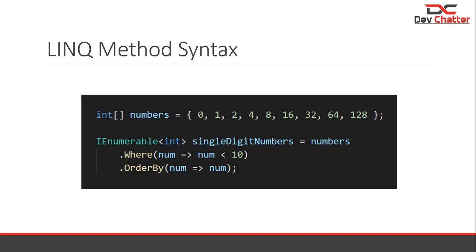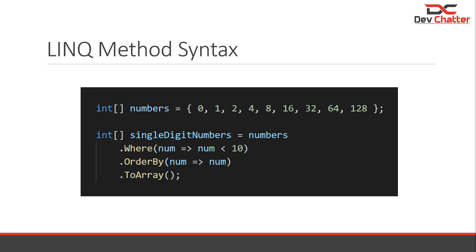We take the numbers array, the Where will filter down the numbers to only those less than 10, and then we order them by the number itself, and we put it in ascending order. If we wanted the result to still be an array, we could add another method to the end of the chain. And we'd end up doing this code instead, returning an array of integers.